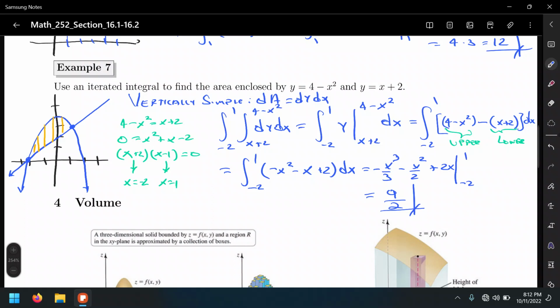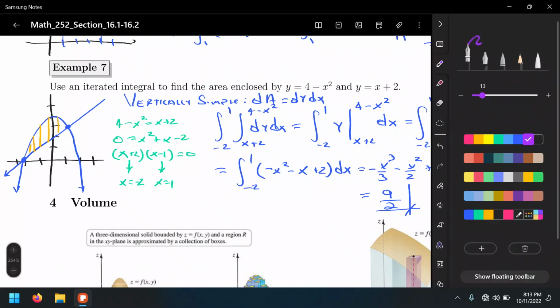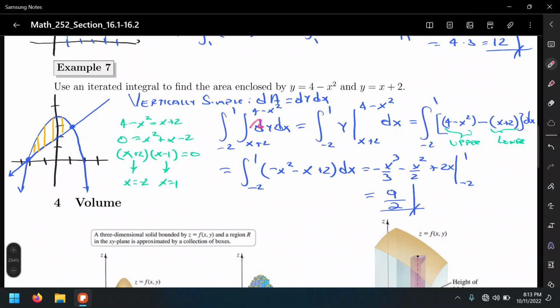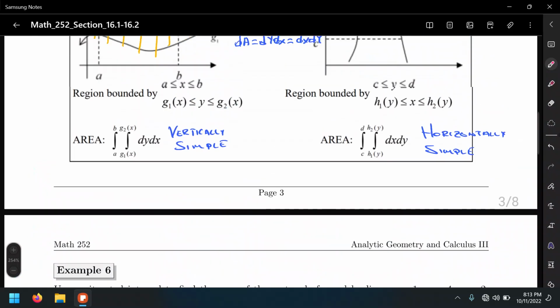Ultimately, what we care about is how we set up the integral, depending on whether this is vertically simple or horizontally simple. And again, notice, in this case, what do we have in the integrand? Wasn't that just a 1? So let me go back to the definition in the previous page.